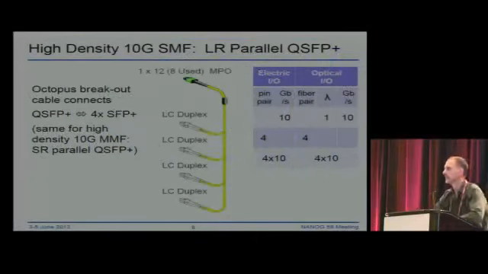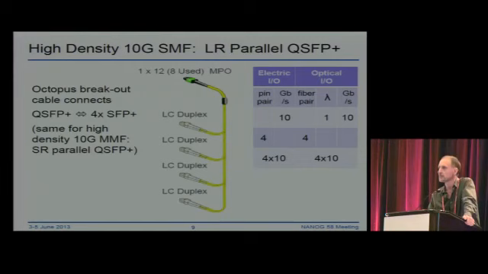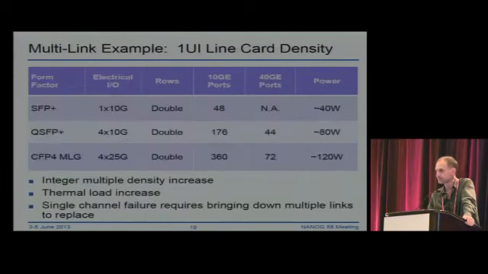So at the top you have the MPO connection, but then you break it out into 4 separate duplex LC pairs. So from an operational standpoint, you now have to worry about things called octopus cables, which are MPO on one end, duplex LC on the other, and you have to start worrying about how those MPO connectors break out.